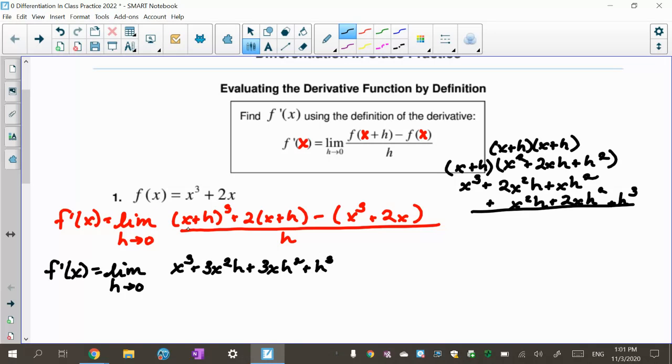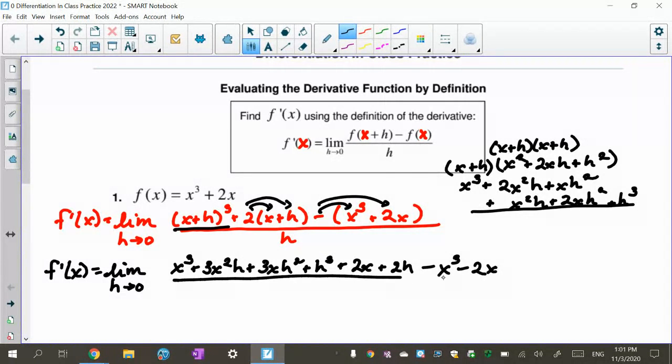So that is this right here. I just multiplied that out. Now I'm going to do the distributive property, plus 2x plus 2h. Then I'm going to subtract and change both of those signs, so distribute the negative, all over h.